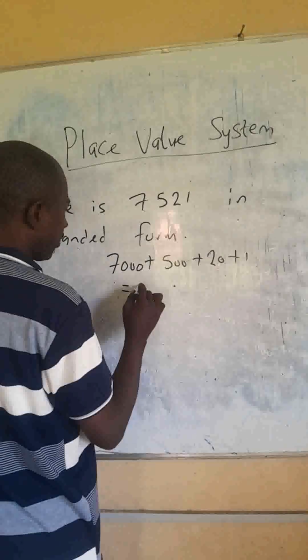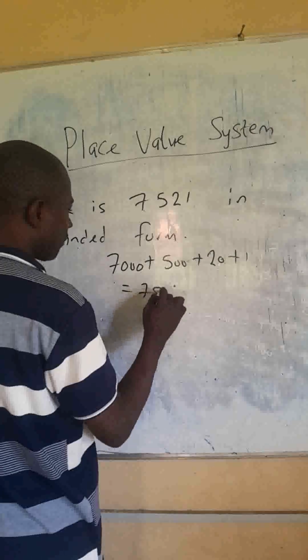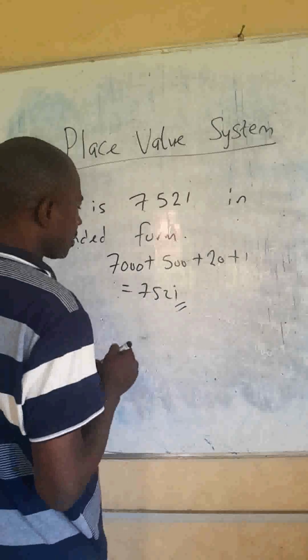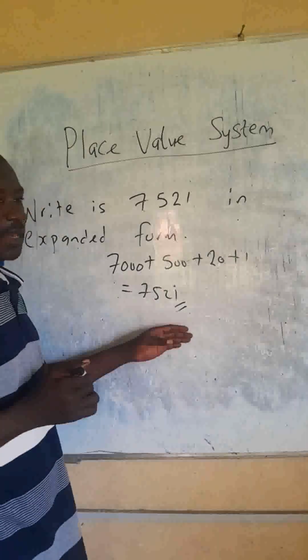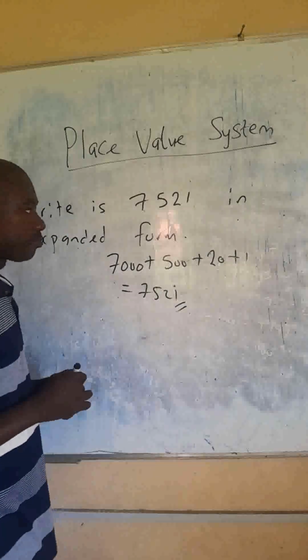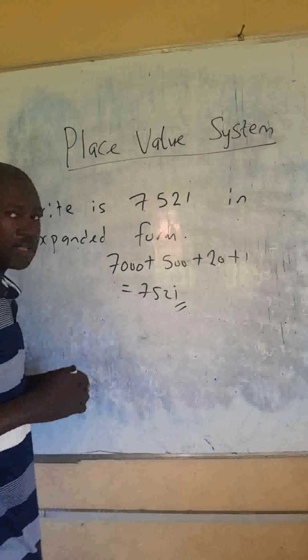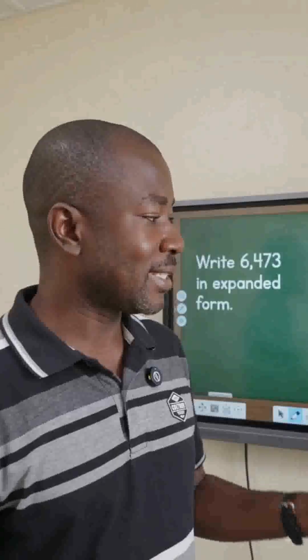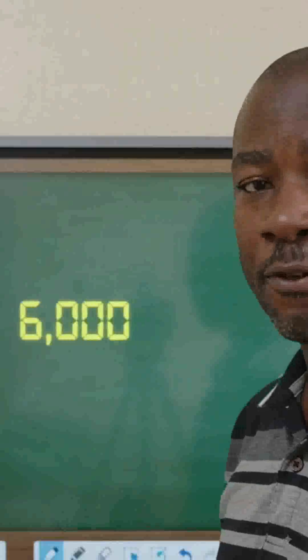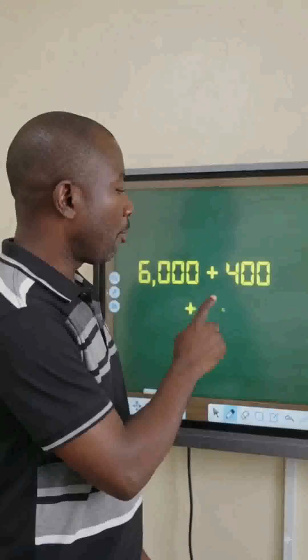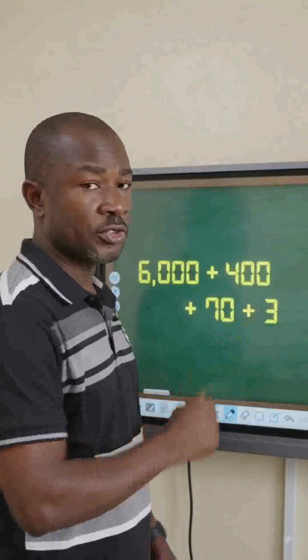When you put them together, you have 7,521. So this is the final answer in expanded form. Let's take another example. Let's write 6,473 in expanded form. That's 6,000 plus 400 plus 70 plus 3. And that is how you do it.